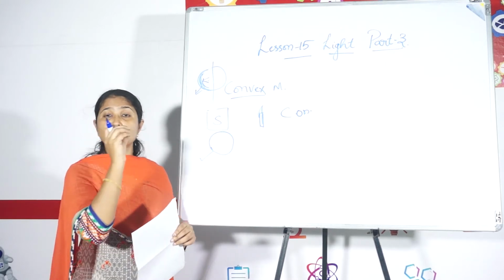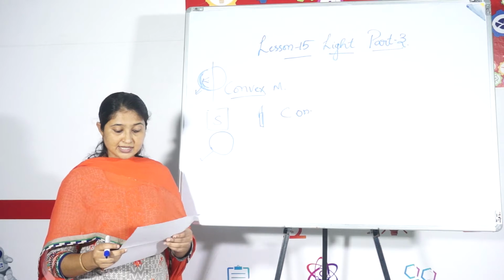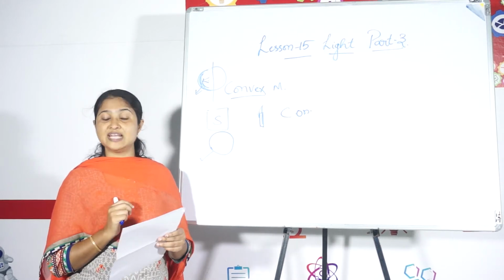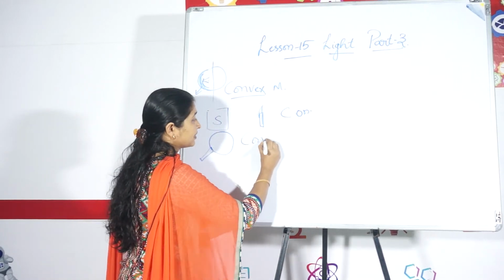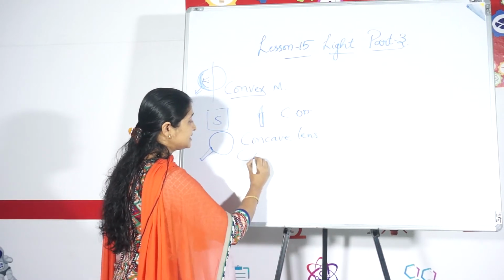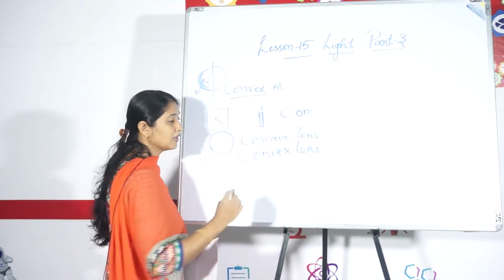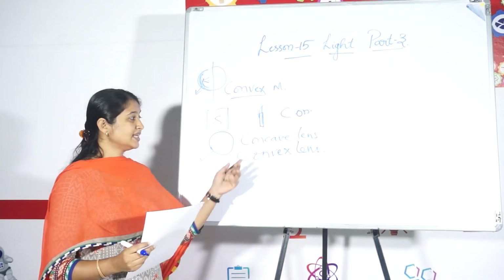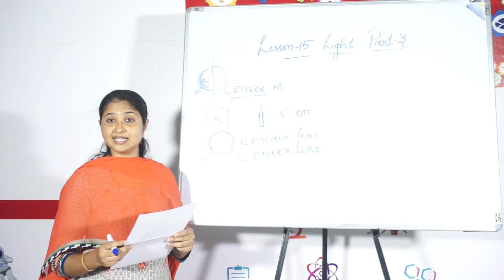We will see what type of lens is used there. There are two types of lenses. One is the concave lens and the other one is the convex lens.